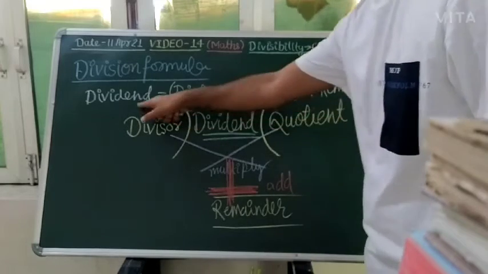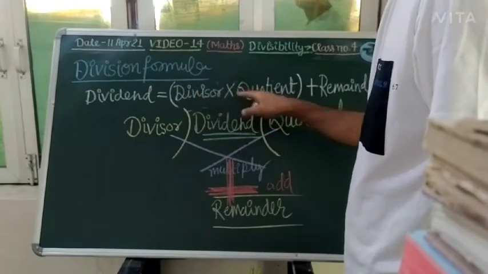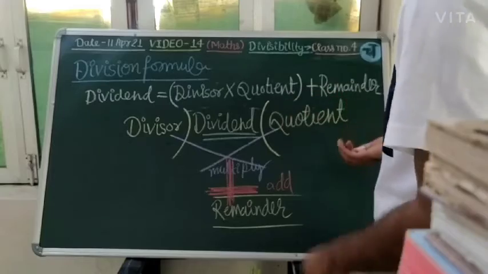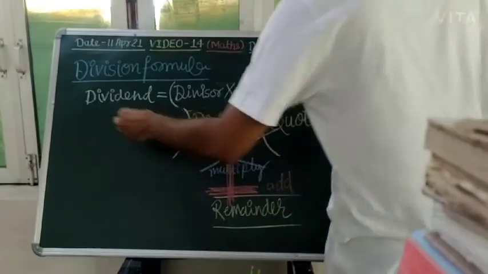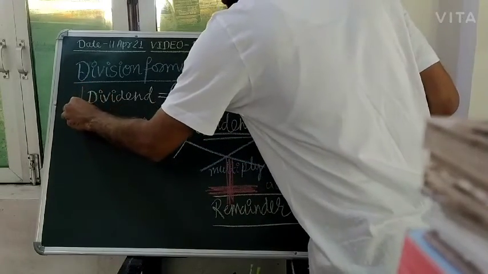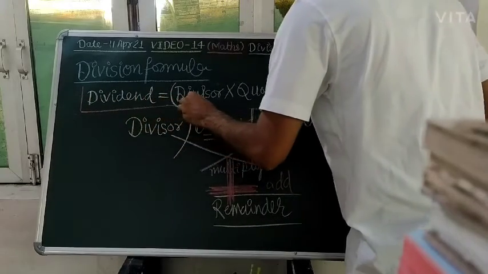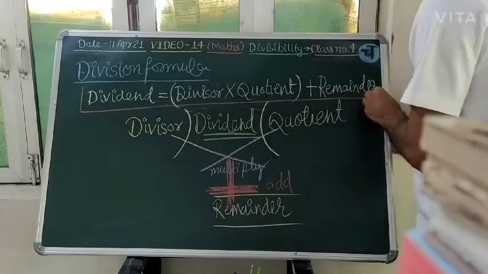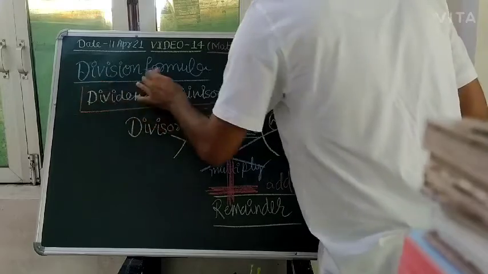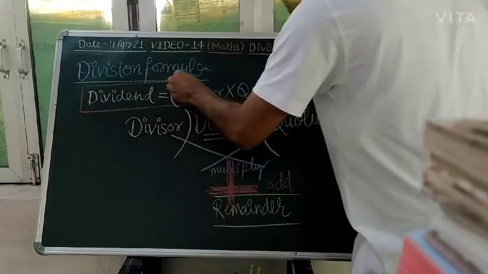This dividend is our divisor into quotient plus remainder. This is very important. I am saying this formula is very much important to you.